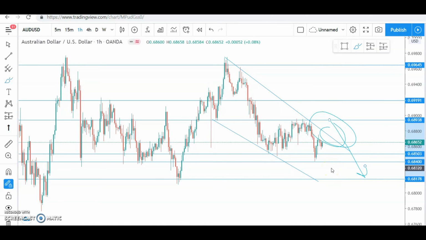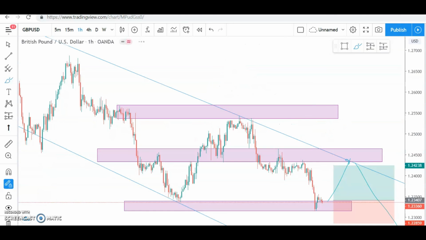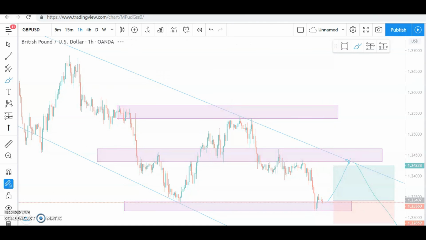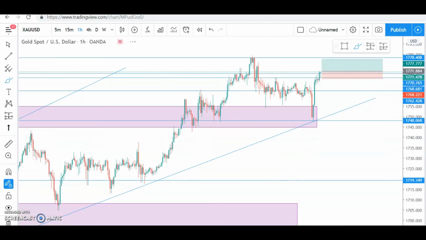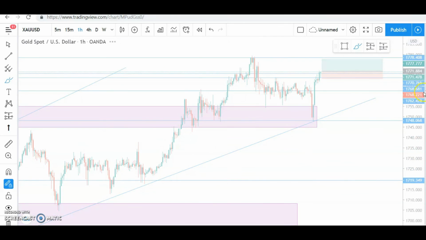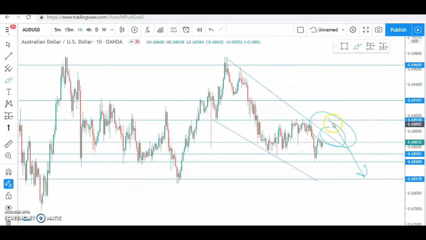I hope you learned something. Let me just browse through again. We're buying GU, we're buying EU, we're buying gold, and on AUD we're waiting for price to reach this level, and then we are shorting.